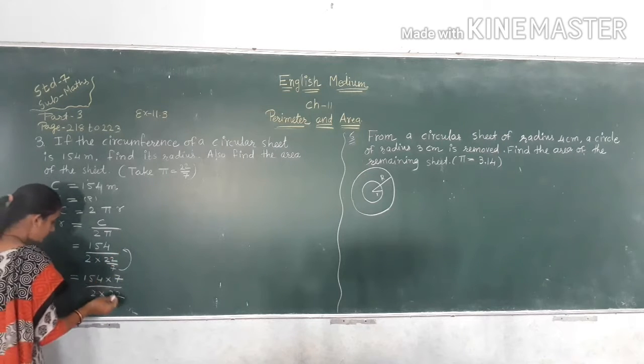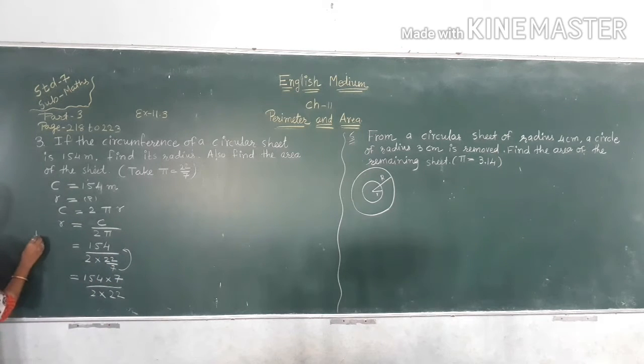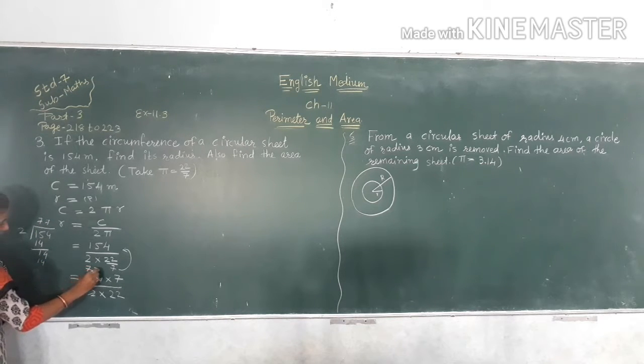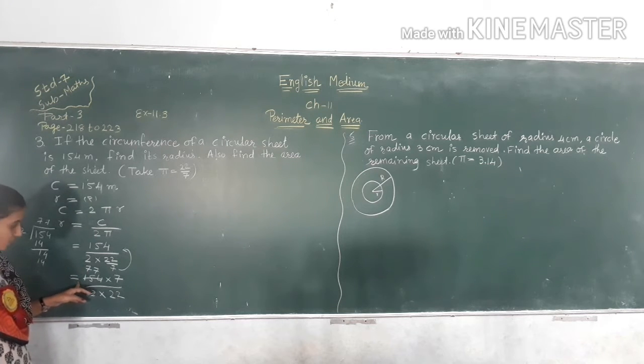Now first 154 divide with 2. 2 sevens are 14. 1 left here 4. 77 2s are 154.